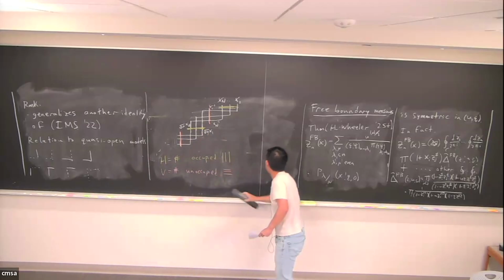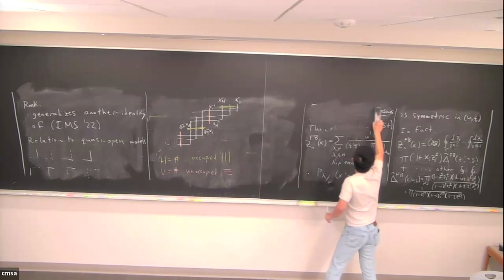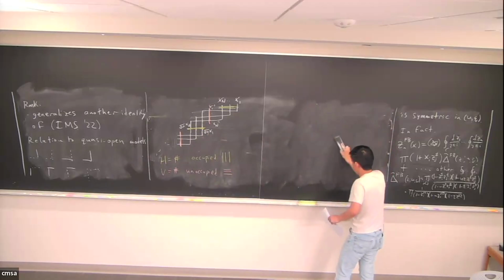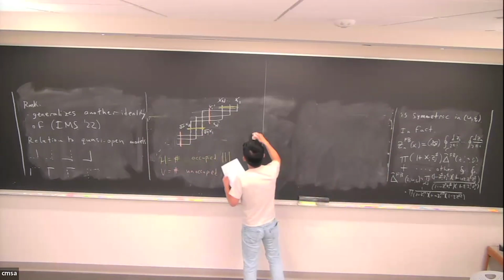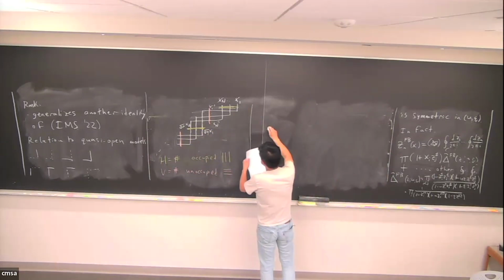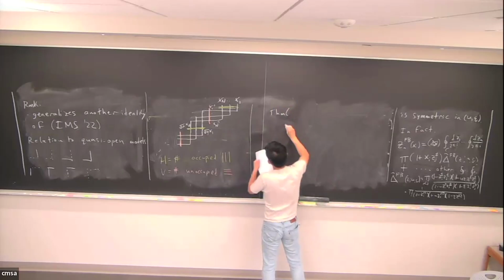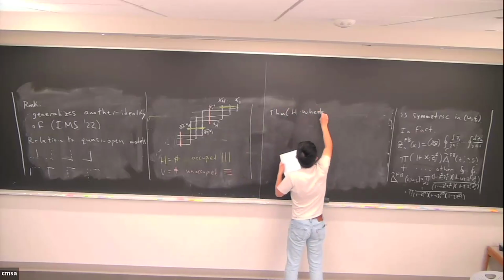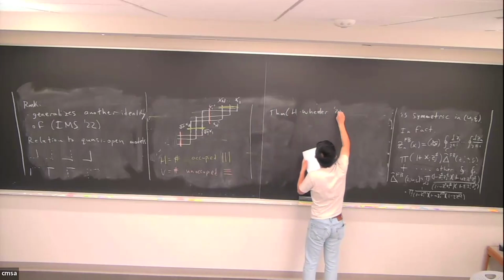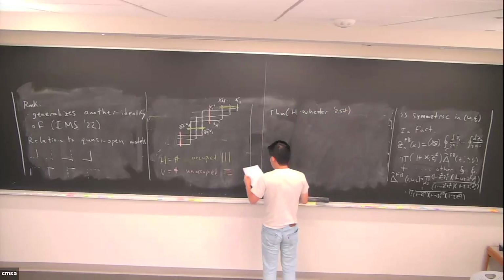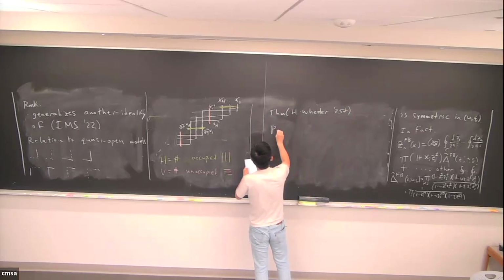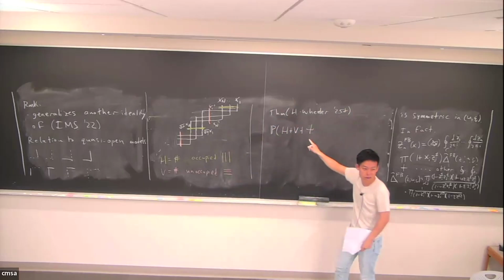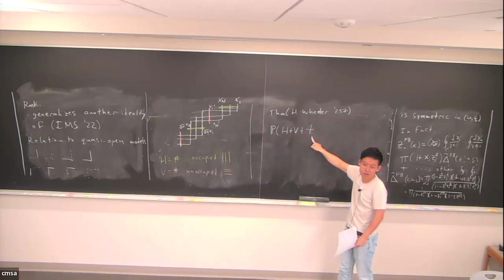And what we show, this is again in our work in progress, is that the distribution of H plus V plus some other shift is no longer a u-geometric.